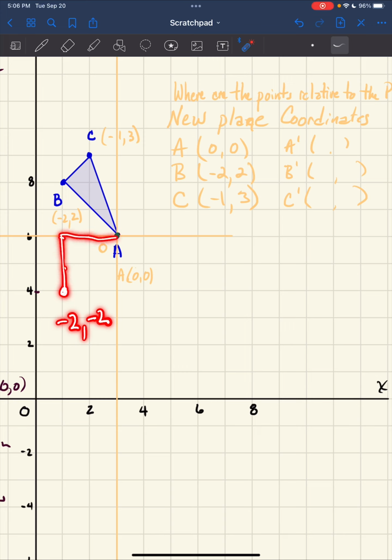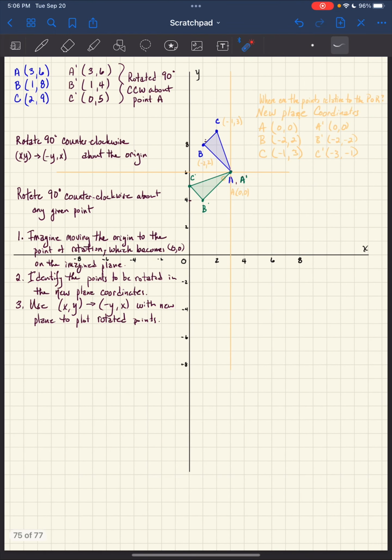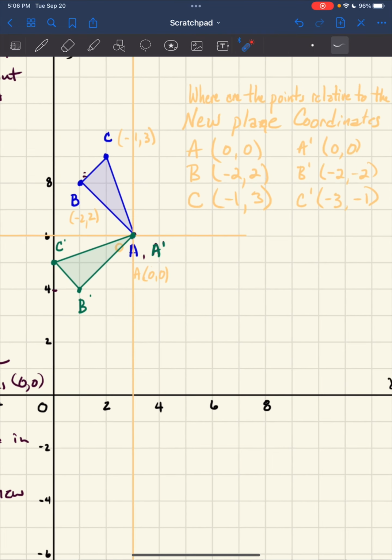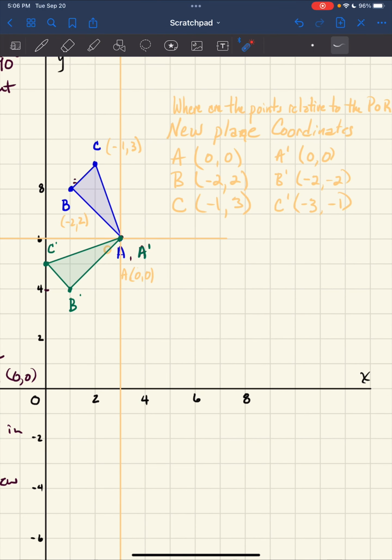So that would be our B prime. And then if we did C the same way, we would have (-3, -1). So that would move us 3 to the left and down 1. So in our imaginary plane, (-3, -1) would be our C prime. And that would look something like this. We plot those, and that is what we get.